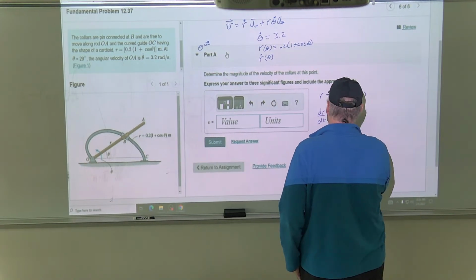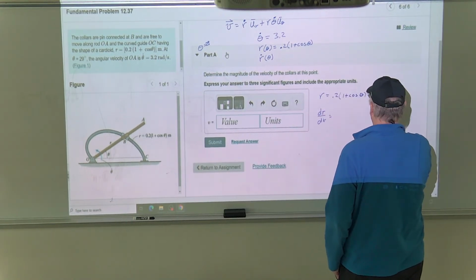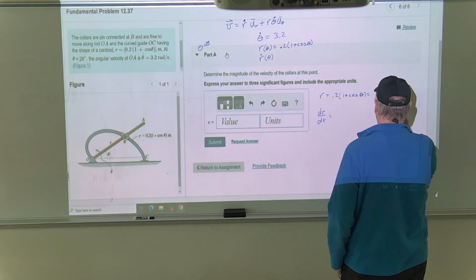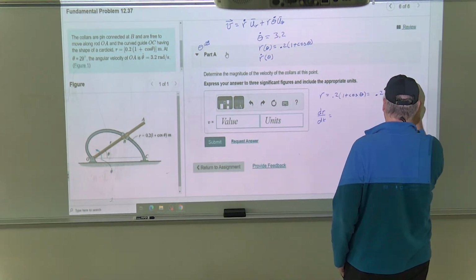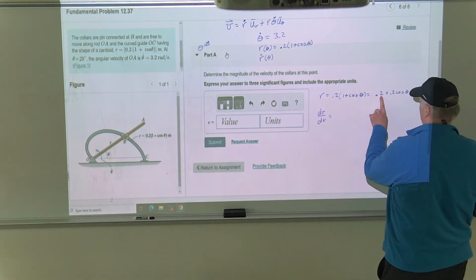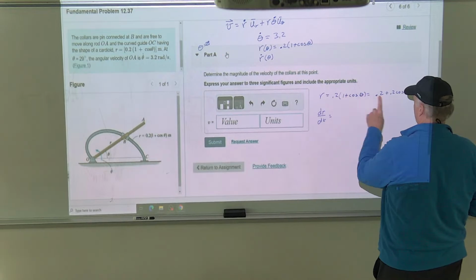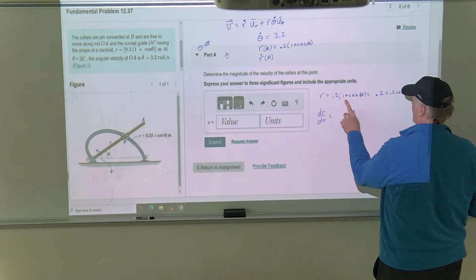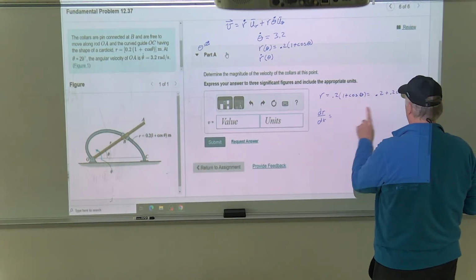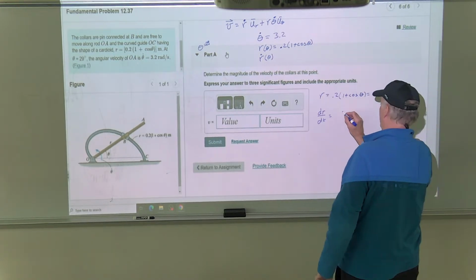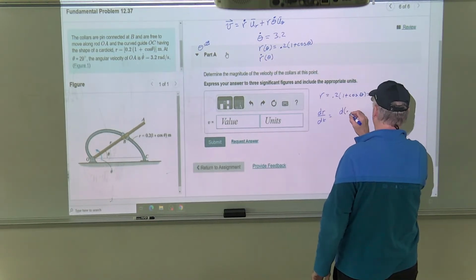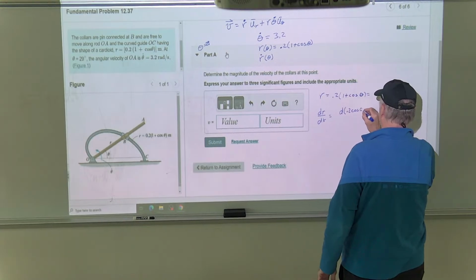You take the derivative. If you want to, you can list this as 0.2 plus 0.2 cosine theta. We end up getting 0.2 sine theta dot. This doesn't have a derivative, but this one does. So if you do it in a generic sense, you got that.